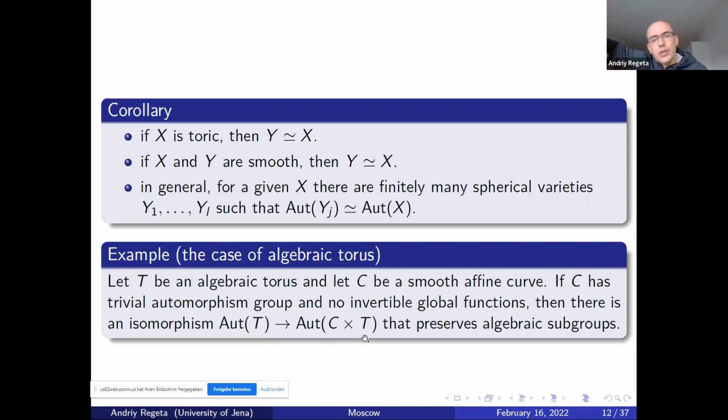Then you can take this G action on X and take a replica with some regular function on C, and it will induce another G action which already involves C inside of this G action. So this isomorphism would not be possible if you put here any other spherical variety different from an algebraic torus. But for an algebraic torus, you can do it.